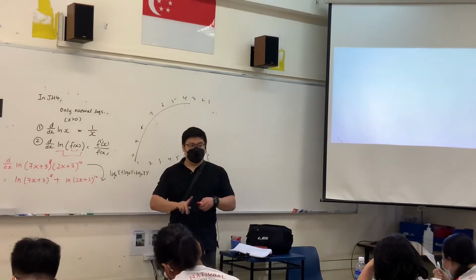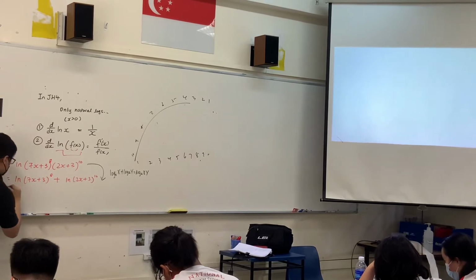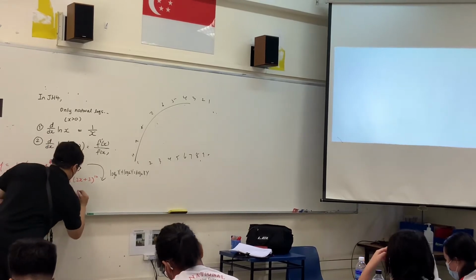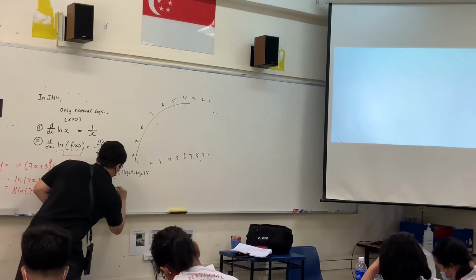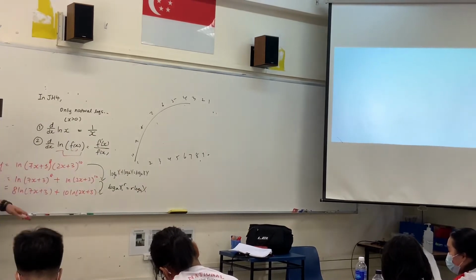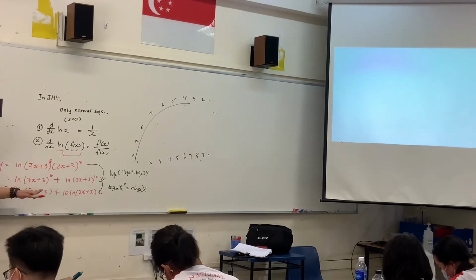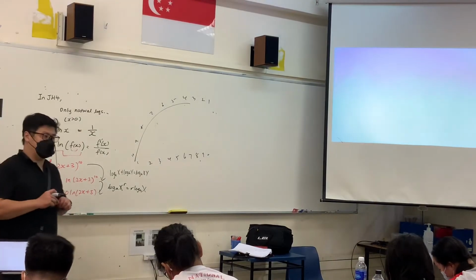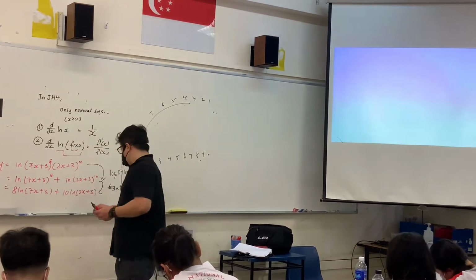I can also write this y as 8 ln(7x+3) plus 10 ln(2x+3), simply because in logarithm we know the power law: log ax to the power r is r log ax. So instead of differentiating a disgusting function, I can get it simplified and easier. So one trick about logarithm is before you differentiate, apply the laws of logarithm. Maybe you will write down: apply laws of logarithm.